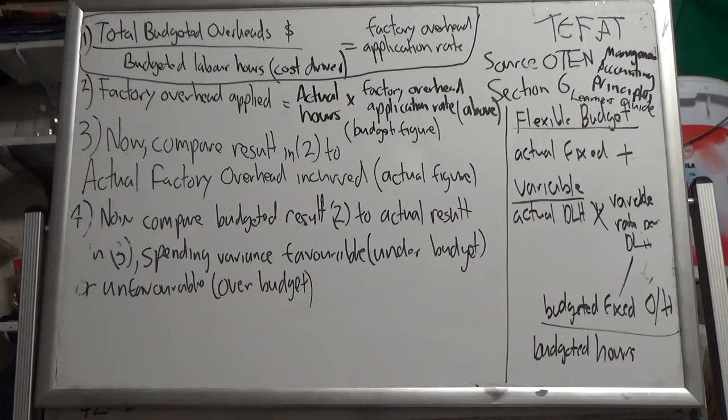So when you compare absorption costing and direct costing revenue statements, fixed costs will be included in COGS in the absorption costing statement, while in direct costing only variable costs will be included in cost of goods sold, which is opening stock plus purchases, gives you goods available for sale, less closing stock.